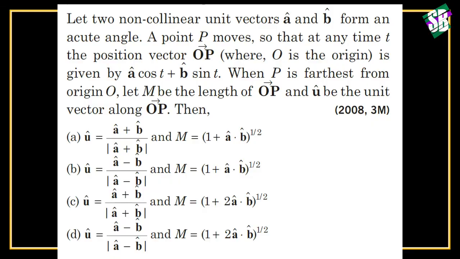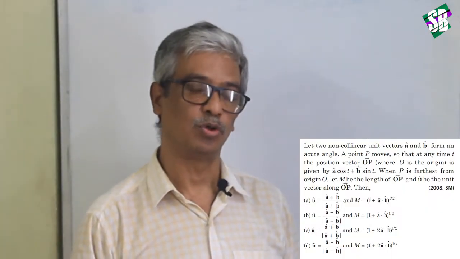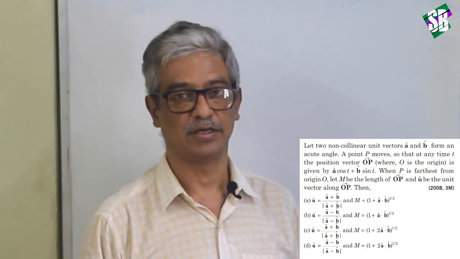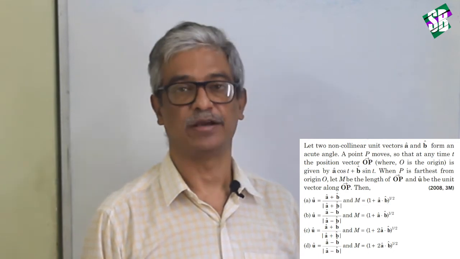Okay. Now take the problem from JEE Main 2008. Read the question carefully that is going to float on your screen just now. Here a cap and b cap are two non-collinear vectors making an acute angle between them.